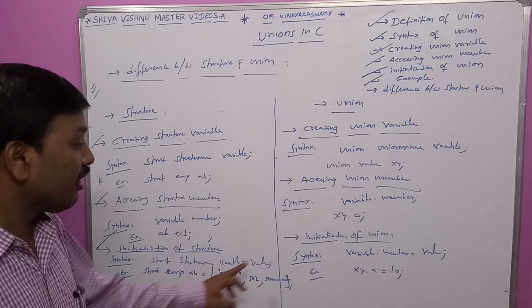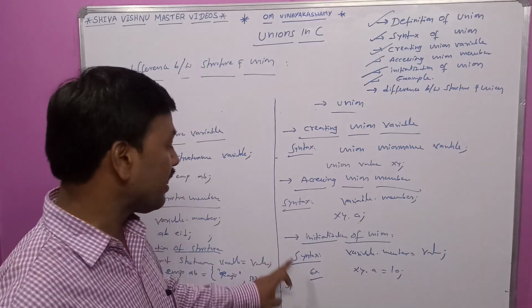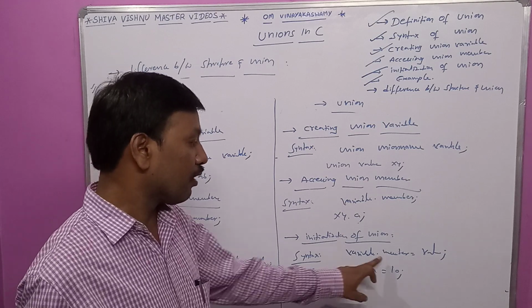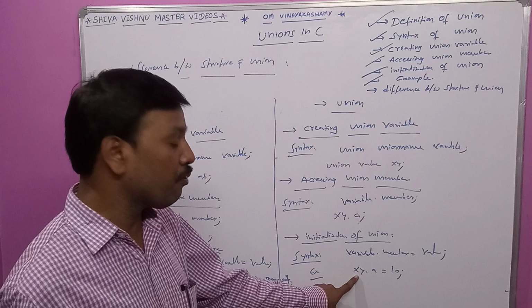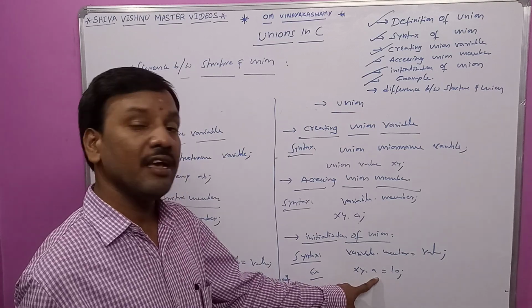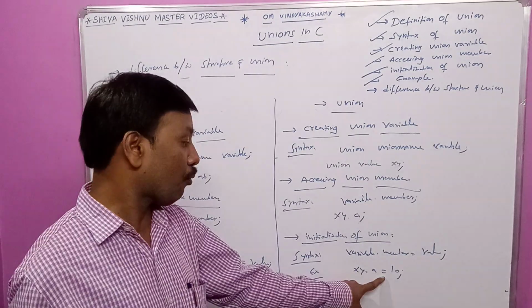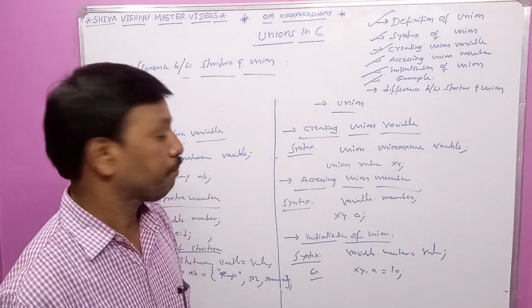The initialization of a union syntax is variable dot member, assignment operator, value, semicolon. For example, variable xy dot a, the union member a, assignment operator 10, semicolon.